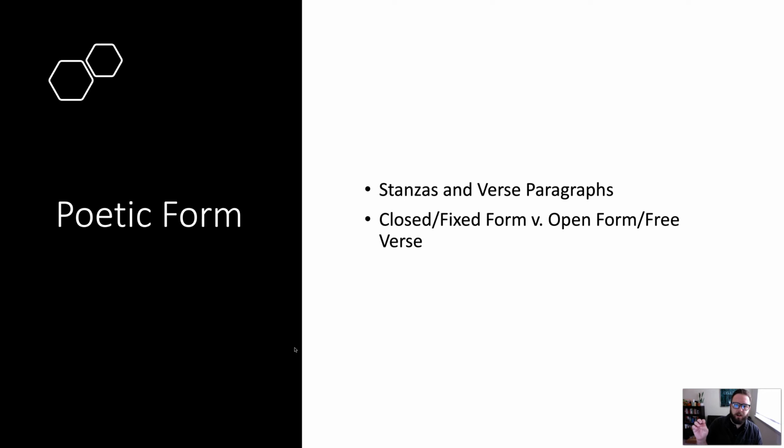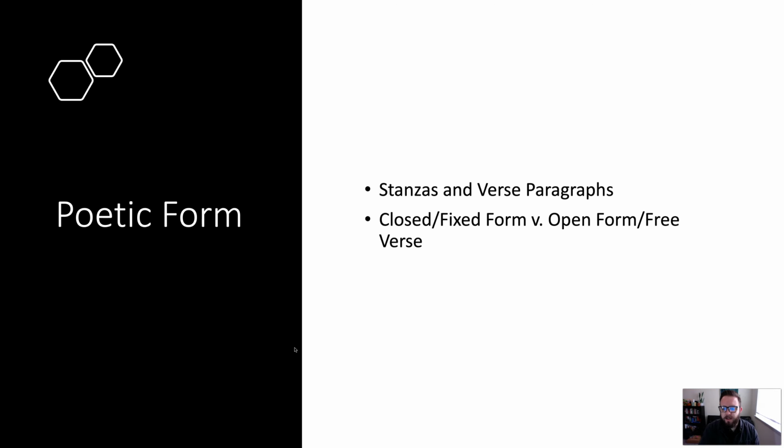A set of 2 lines is called a couplet. A set of 3 lines, a triplet or tercet. A set of 4 lines, a quatrain. The quatrain is the most commonly used stanza form in English poetry. We see that over and over again.